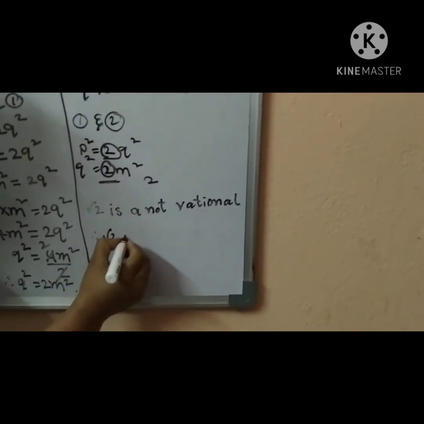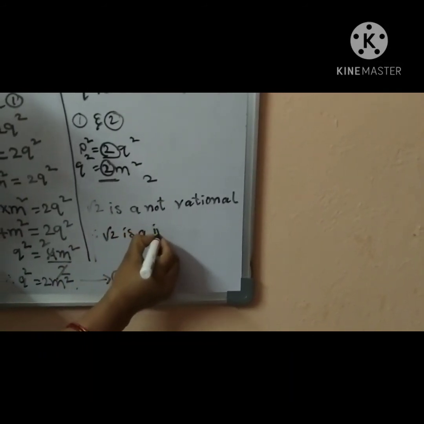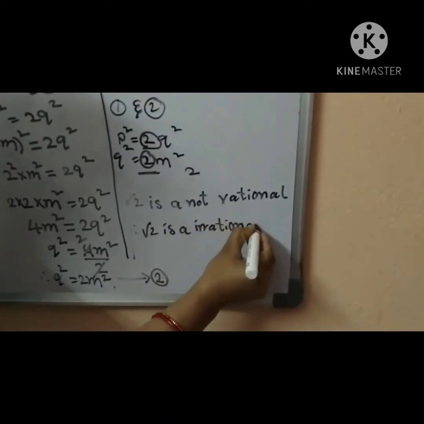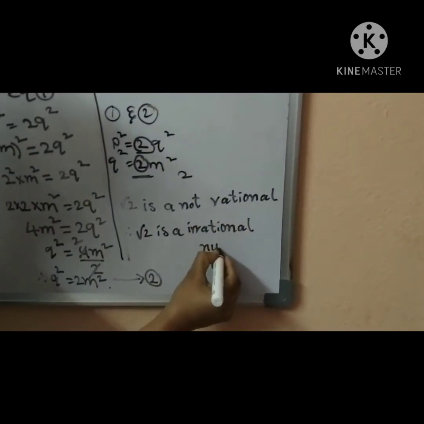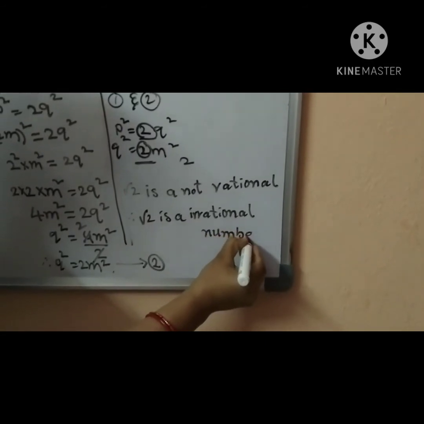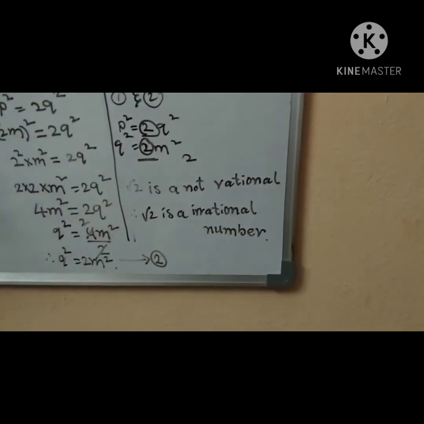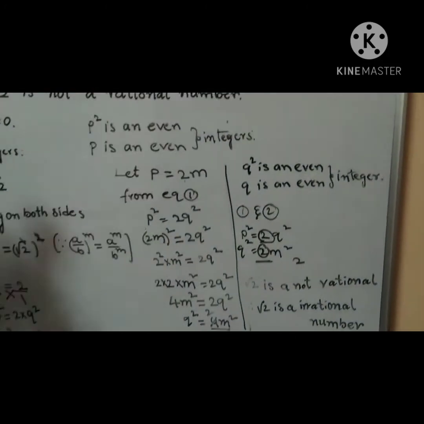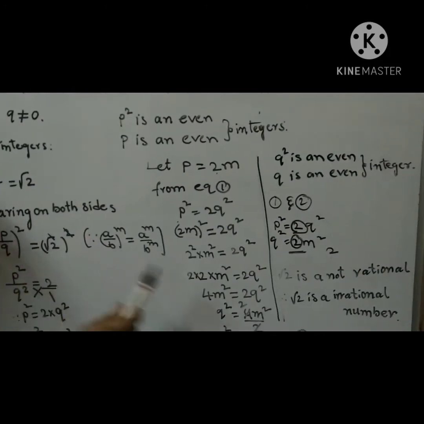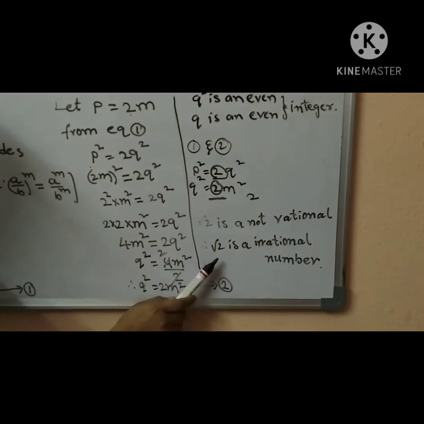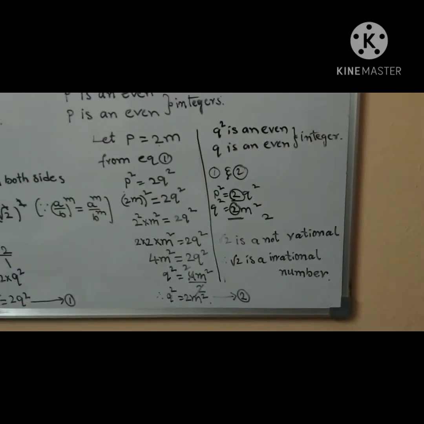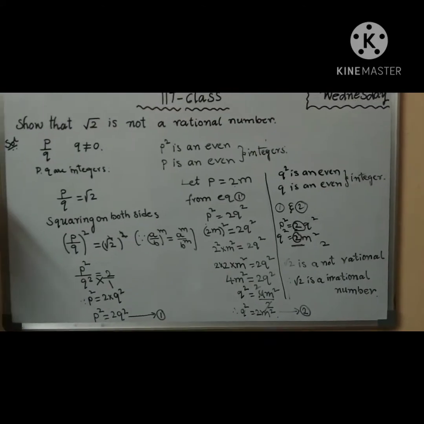Therefore root 2 is an irrational number. Did you understand children? Here I showed that root 2 is not a rational number, but it is an irrational number. Okay children? Did you understand this problem?